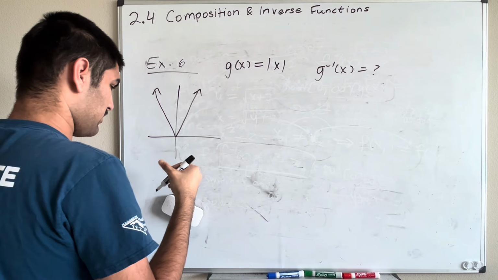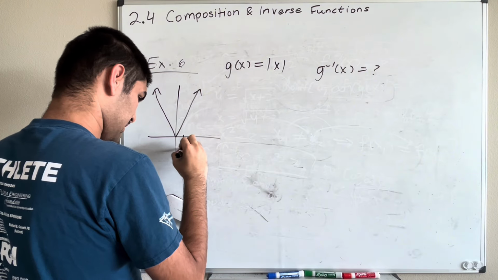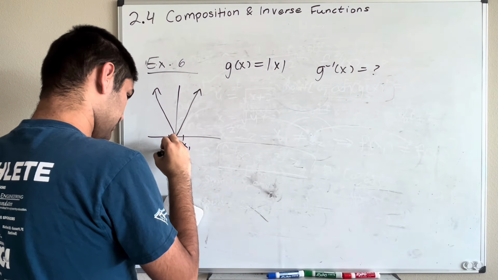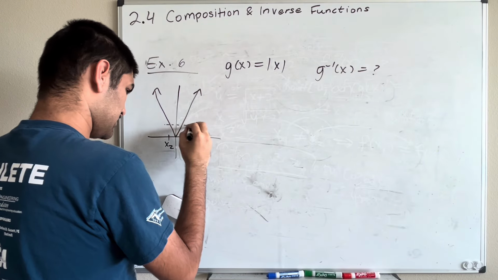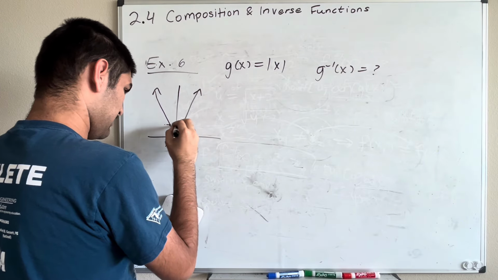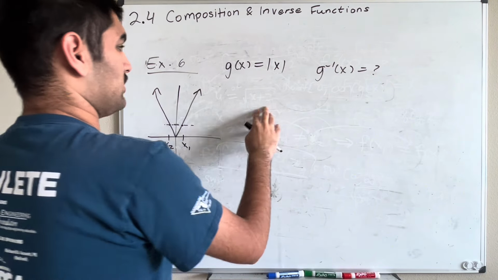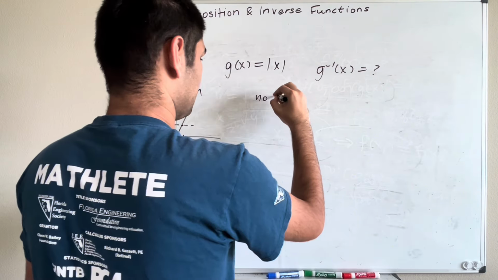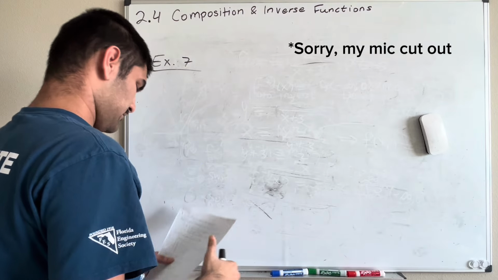And so we can automatically see that if we had, let's say, x1 and x2, two different x values, they both map to the same y value, right? So not 1 to 1. Just because it's not 1 to 1, no inverse.